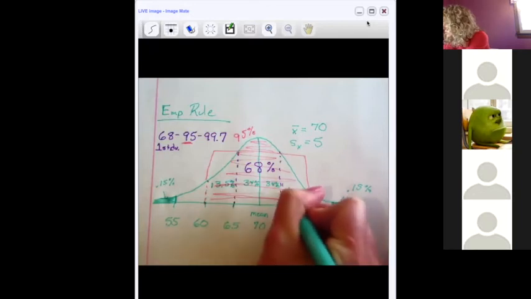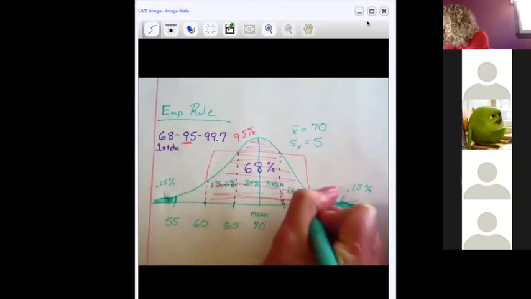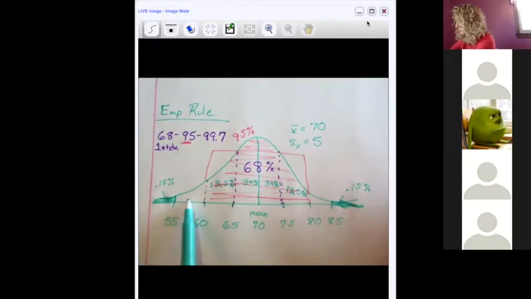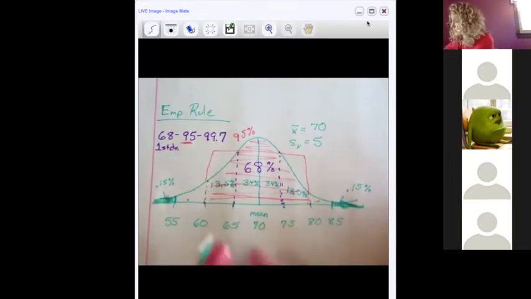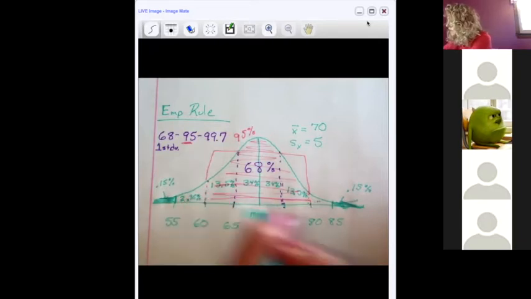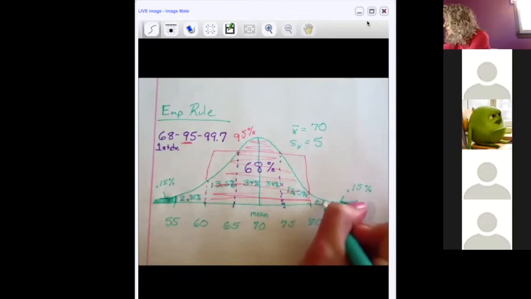And this little sliver is 13.5. And then 99.7 minus 95 gives me 4.7% that I have left in these two little pieces. So if we divide that by 2, since it's symmetric, this will be 2.35%, and this would be 2.35%.